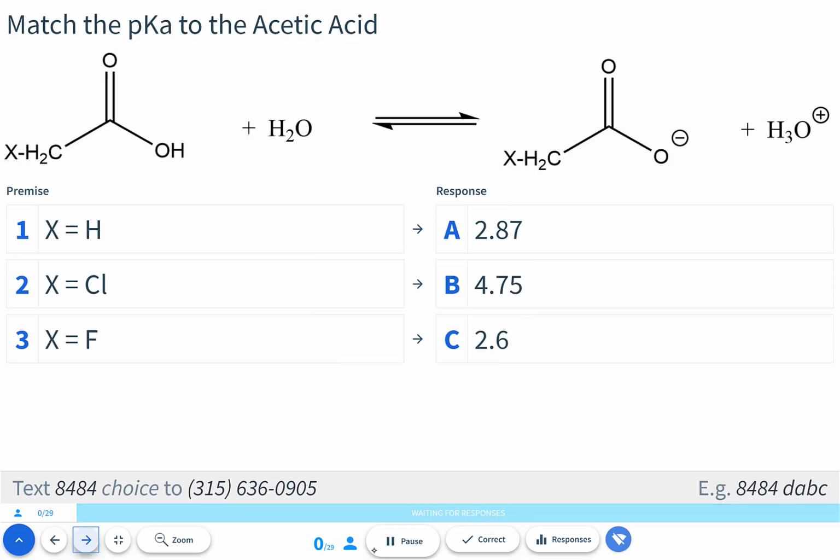Okay, so for this one we have acetic acids where I have three groups attached to the CH2: a hydrogen, a chlorine, and a fluorine. And I have three pKa's listed. So you have to match the structure with the pKa.